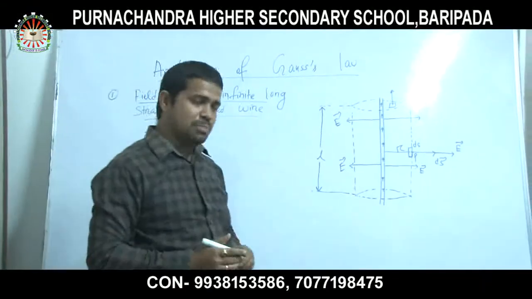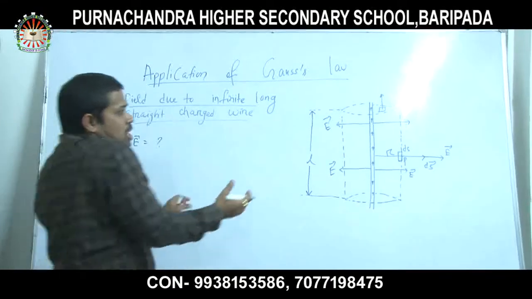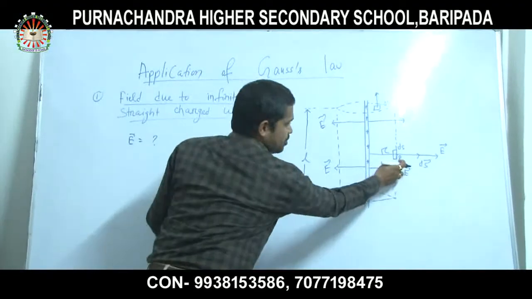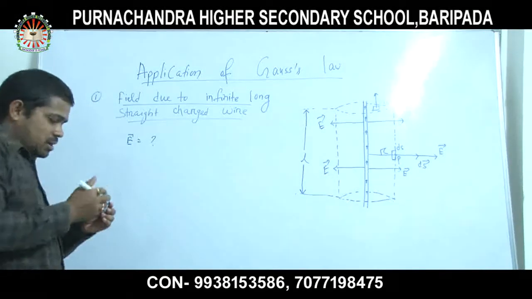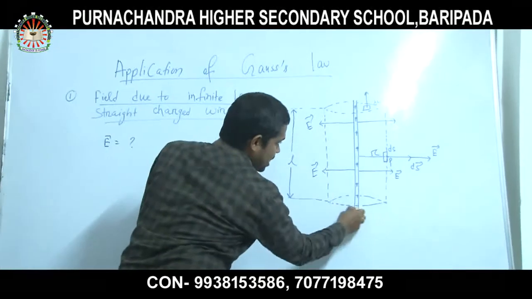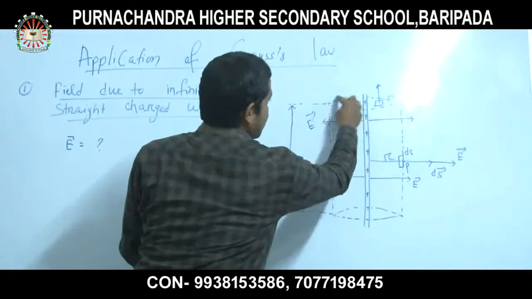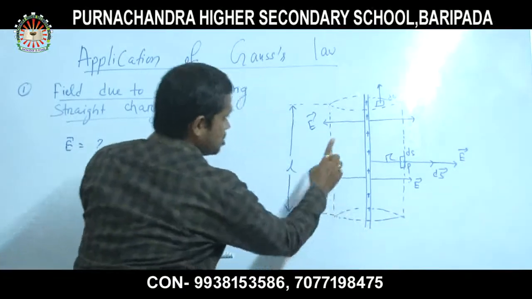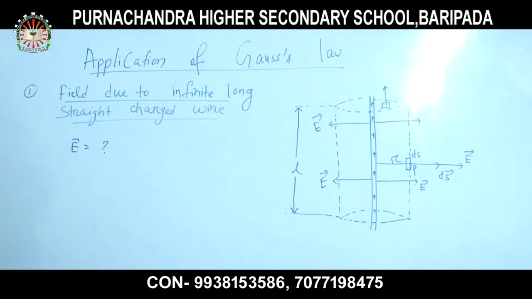So where do we have to find the electric field? At some point. So let us take a point P here. Before that, you can see there is a cylindrical closed surface around the charge. Let us discuss that.